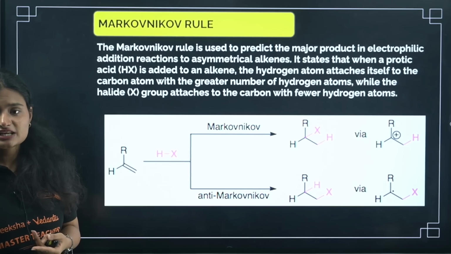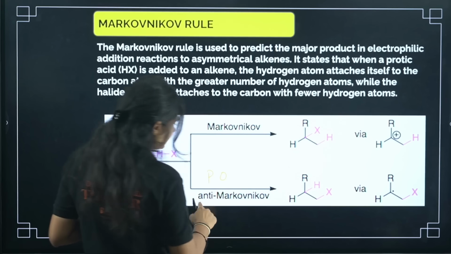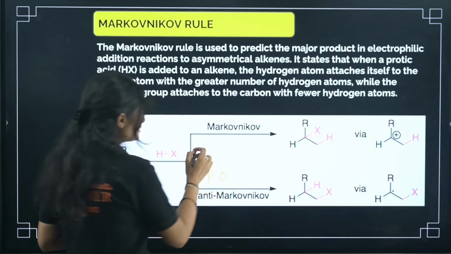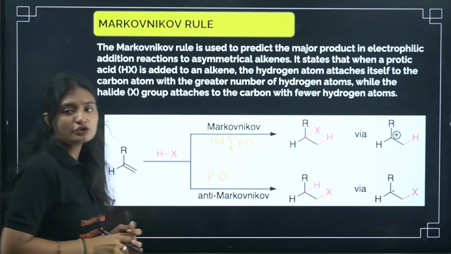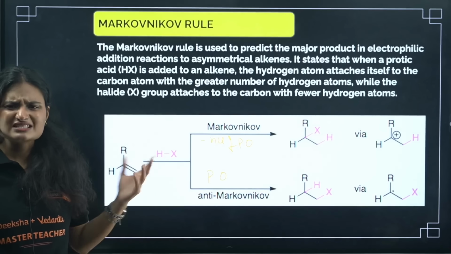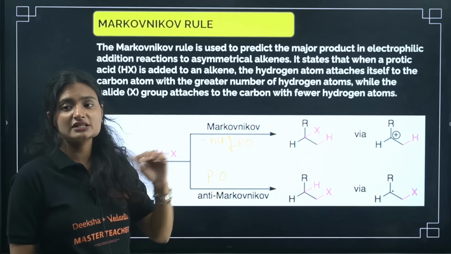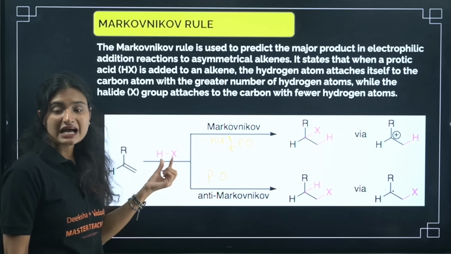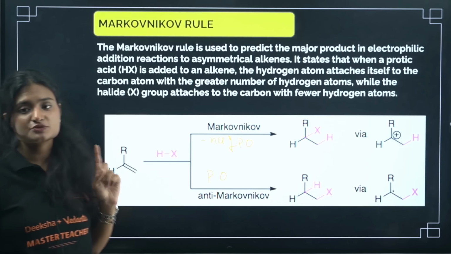If peroxide is present, then the anti-Markovnikov rule is used, and if peroxide is absent, the Markovnikov rule is used. According to the Markovnikov rule, when there is no peroxide, this halide, this nucleophile, will get attached to the more substituted carbon.